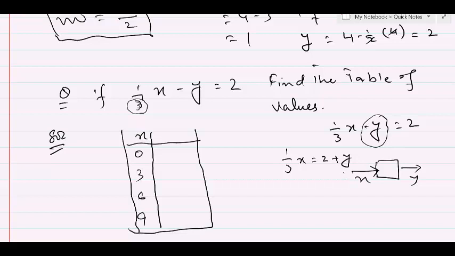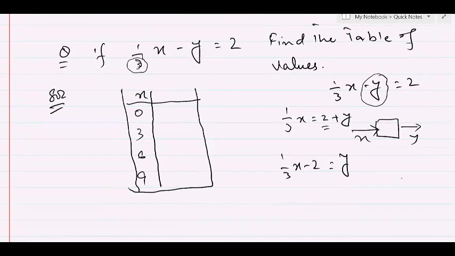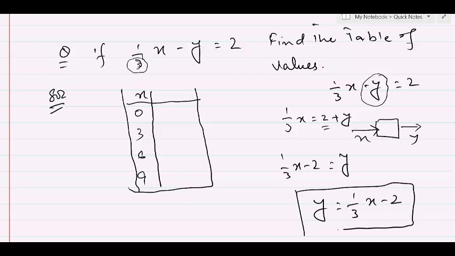And now, because we want to isolate y, this 2 must be brought to the left side so that we can have isolated y, and y is equal to 1 by 3 x minus 2. You see that now y has been isolated, and we can write y is equal to 1 by 3 x minus 2. This is that rule of transformation. Any value of x that goes into this box first gets divided by 3.